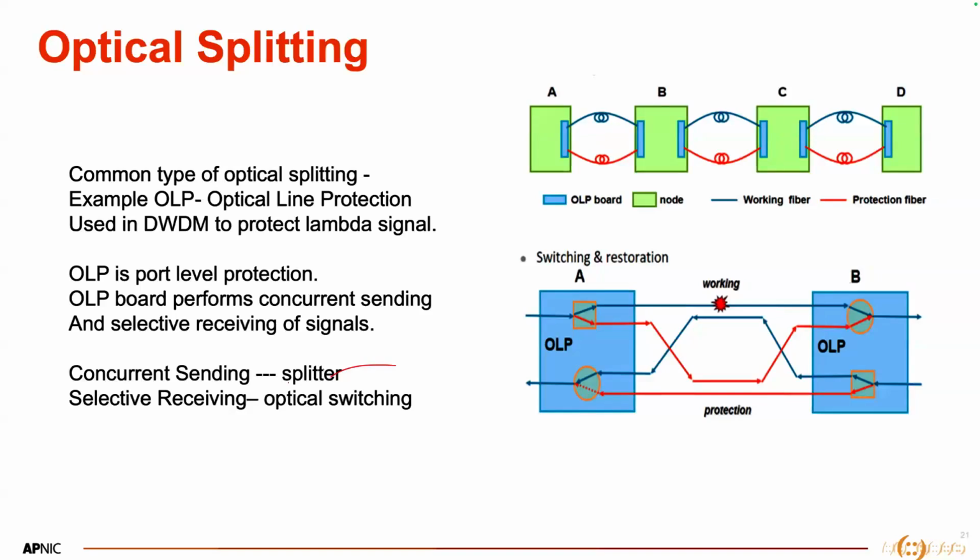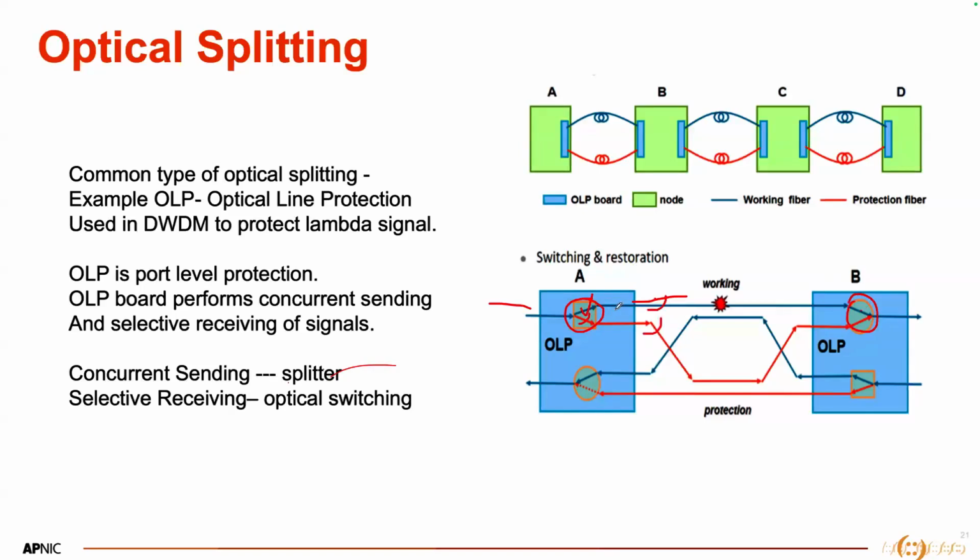As you can see in the diagram, this is path A, right? One signal has entered into this OLP. This OLP has split the signal into two and sent it towards two physical fibers, or two different directions. At the receiver end, there is a switch, and this switch selects one path at a time.